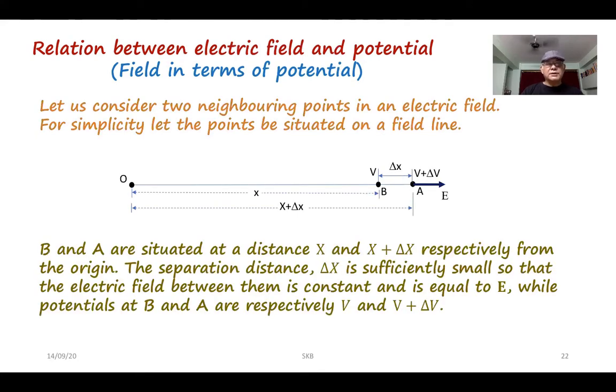B and A are situated at a distance x and x plus delta x, respectively, from the origin. The separation distance delta x is sufficiently small so that the electric field between them is constant and is equal to E, while the potential at B and A are respectively V and V plus delta V.